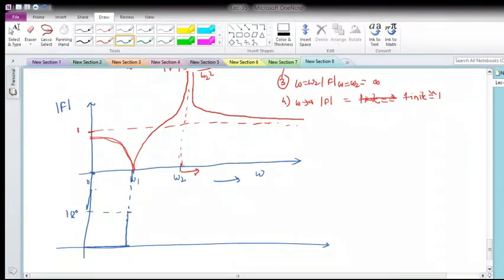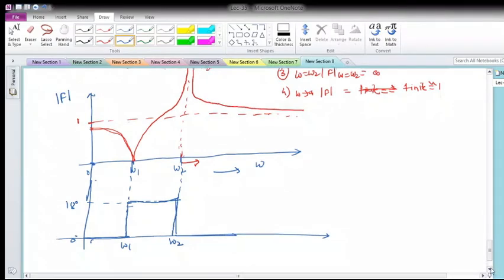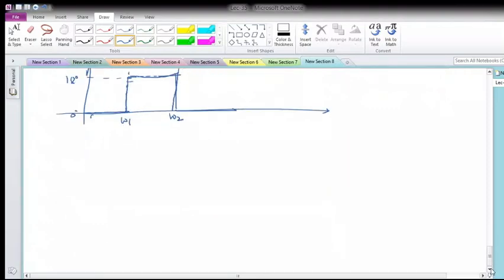It remains the same until omega 2, where there is the introduction of poles on the imaginary axis, so there is a sudden jump of minus 180 degrees. As omega tends to infinity, the angle contribution is 0 degrees. So this is omega 1 and omega 2. Graphically, you can visualize it in a better way than with the analytical approach.